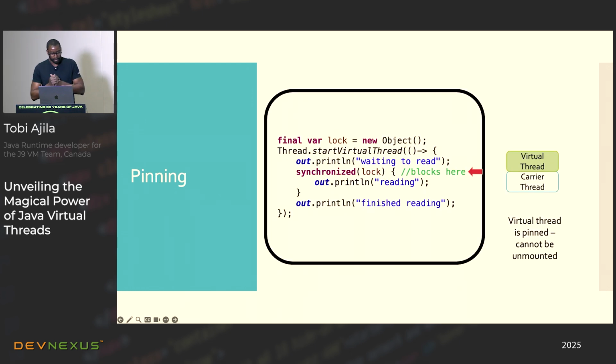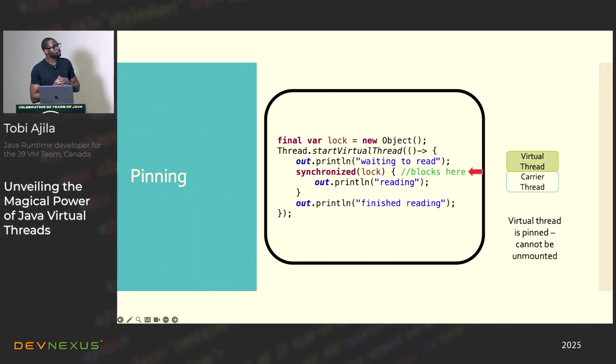Now, there is a special case with respect to blocking where the virtual thread cannot be unmounted. So in this example, it's a similar example to what I showed you before, but instead of using a reentrant lock, we're going to use a regular object, and we're going to use the synchronized keyword.